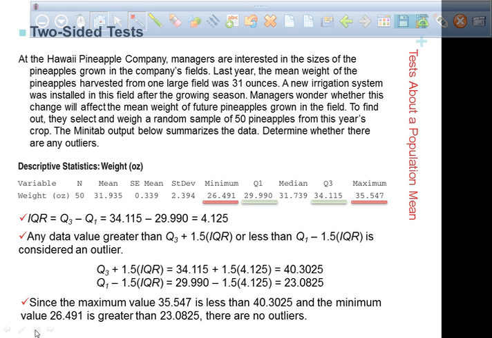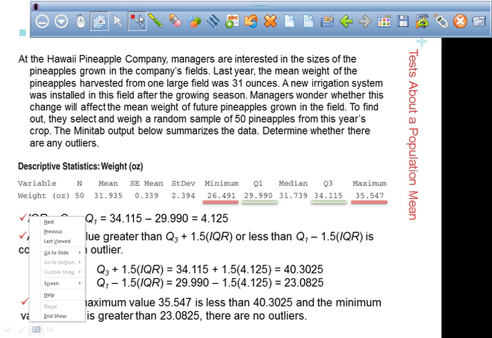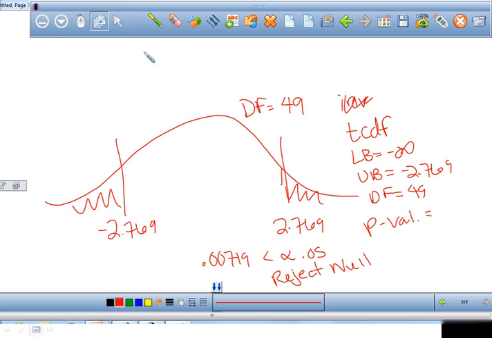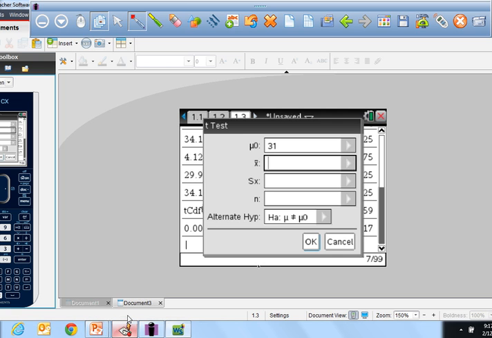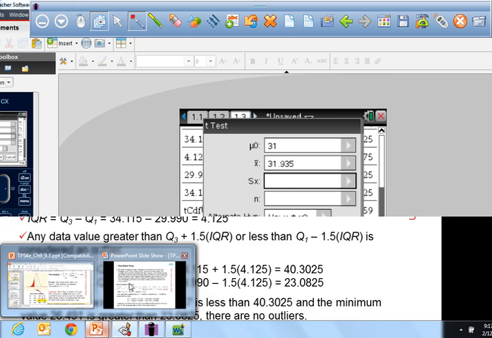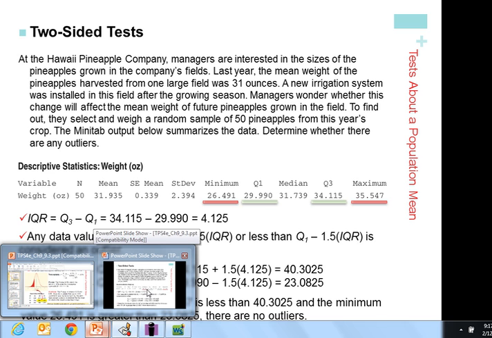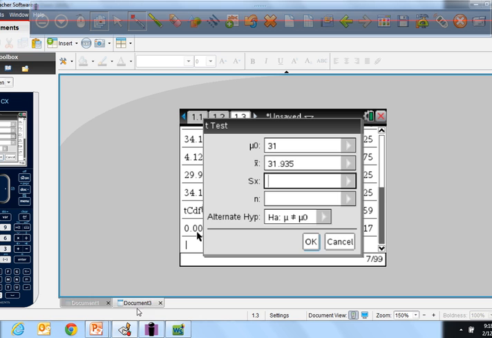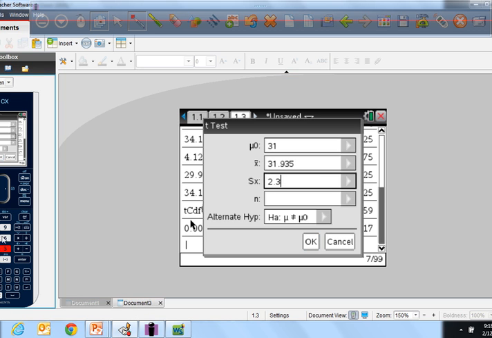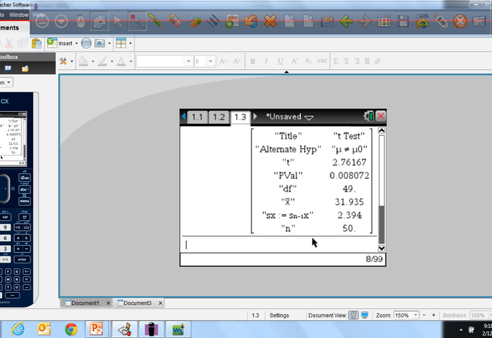So we need to go here and put that it's 31.935, and the standard deviation, again, 2.394, and my sample size was 50, and we got all that in the computer output, and the alternative is not equal to, so you click OK.